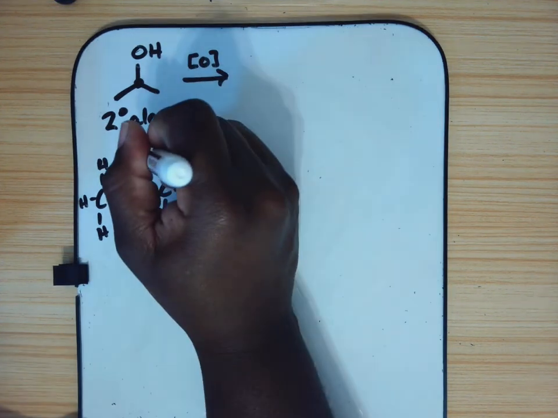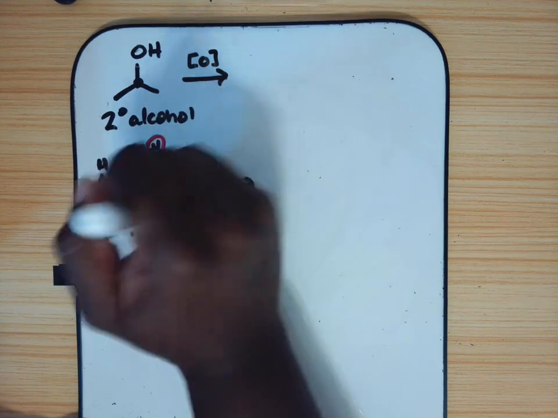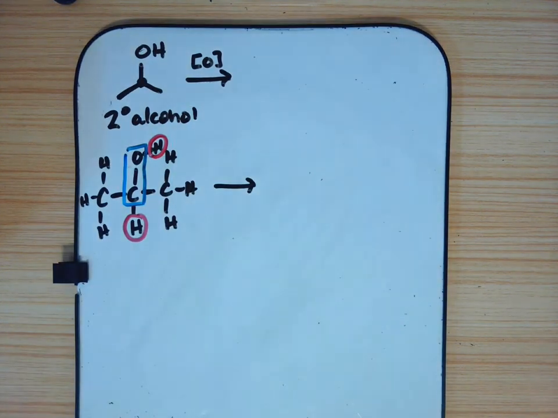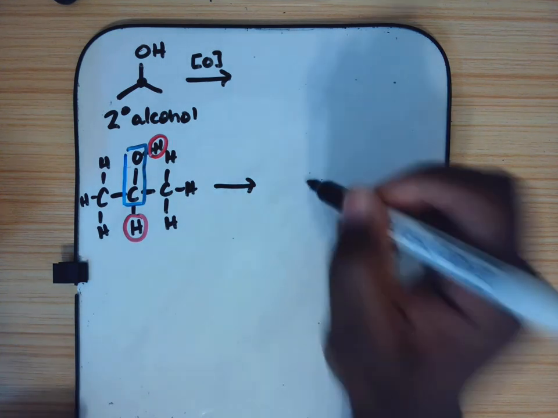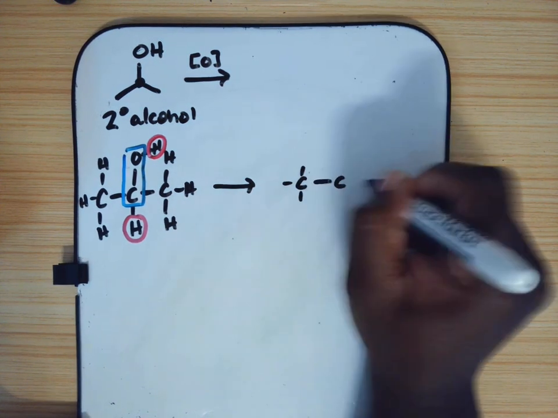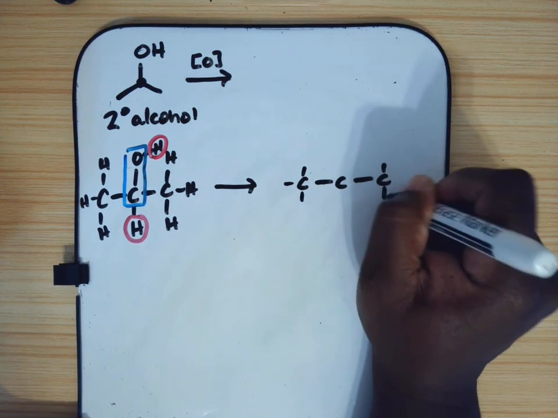Make sure that carbon and that oxygen each have a hydrogen. So I still have that in this secondary alcohol. I didn't do anything to carbons 1 and 3, so those carbon atoms are still the same. They each still have 3 hydrogen.